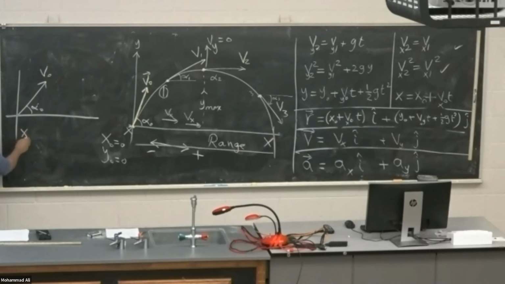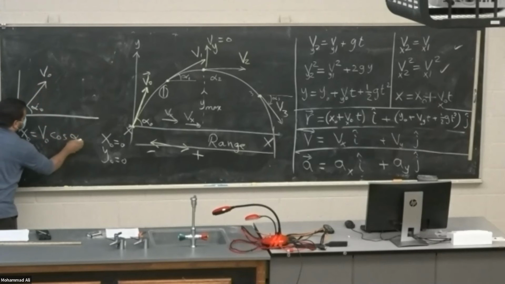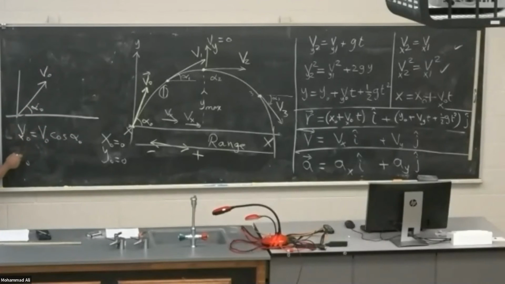This is v x naught, it is v naught cosine alpha naught. This is v y naught, it is v naught as a magnitude times sine alpha naught. I need just to use sine and cosine. This is v naught at this point.